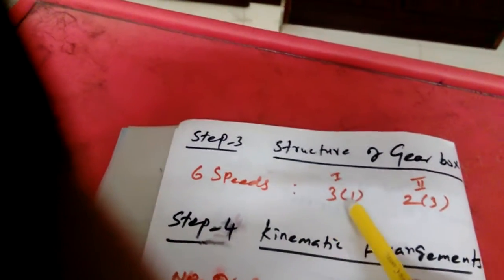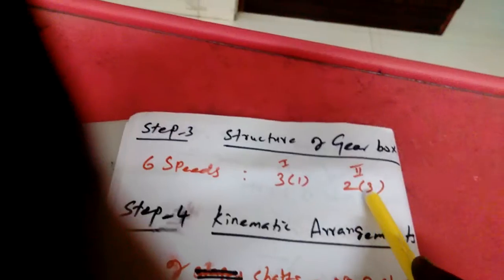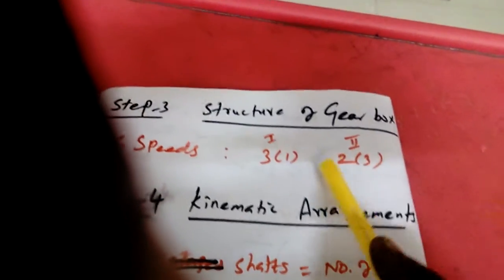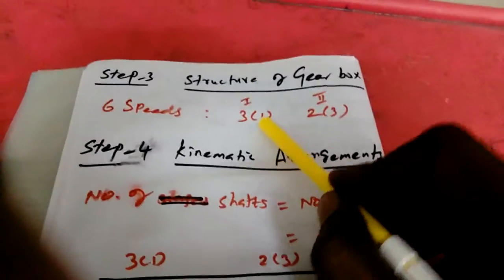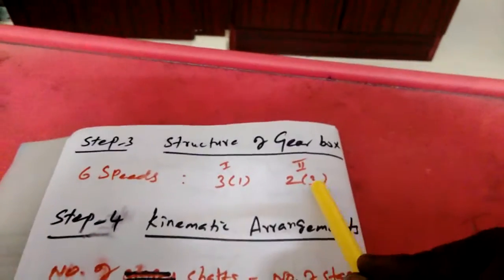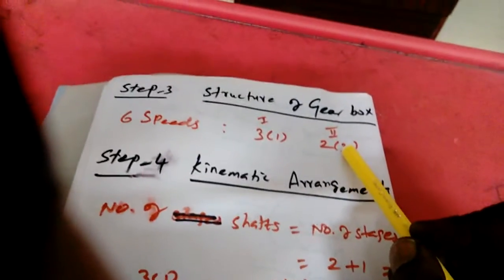The first stage input is 1 and the second stage input is 3. How can this 3 come? For stage number 1, initially we have to give only one input. For the second stage, the input is 1 into 3, so 3. So 2 into 3 is 6, so totally you can get 6 speeds.